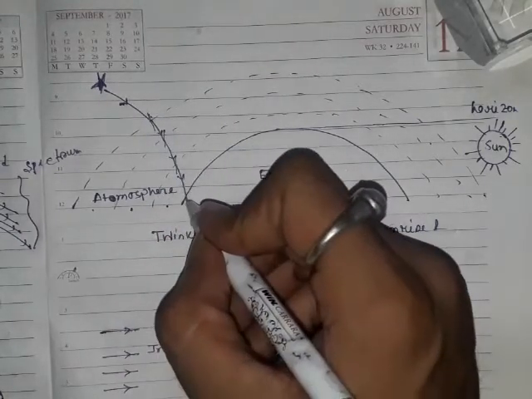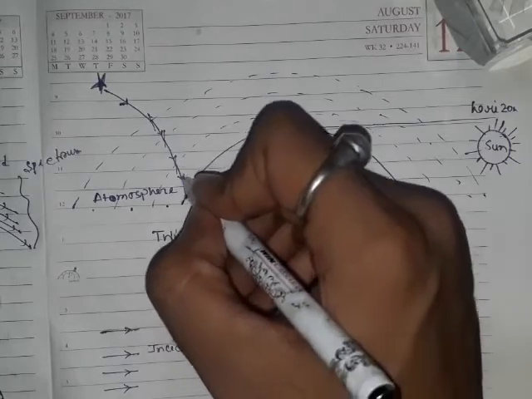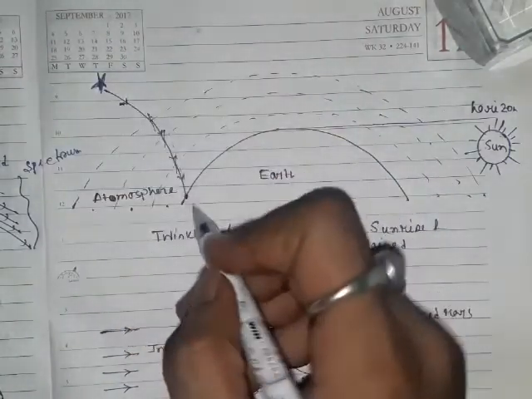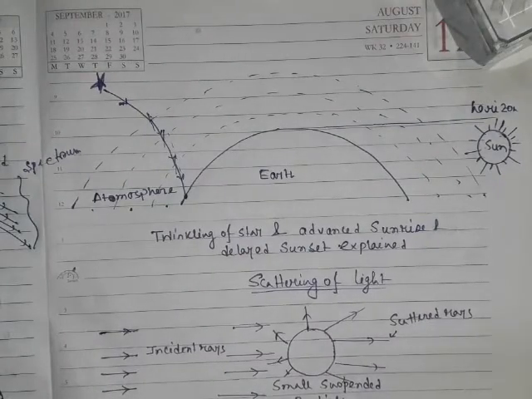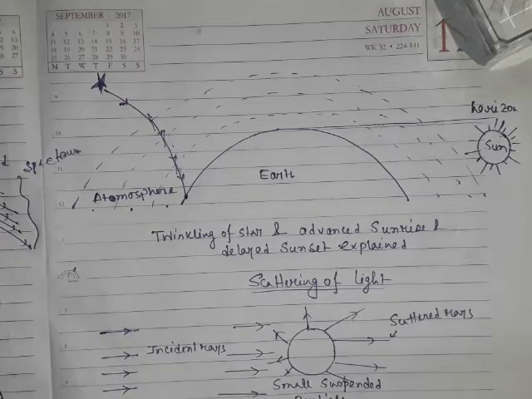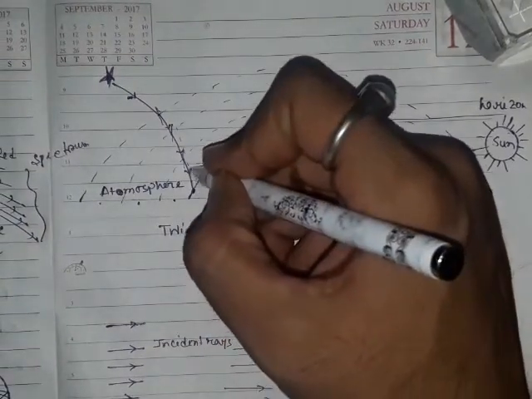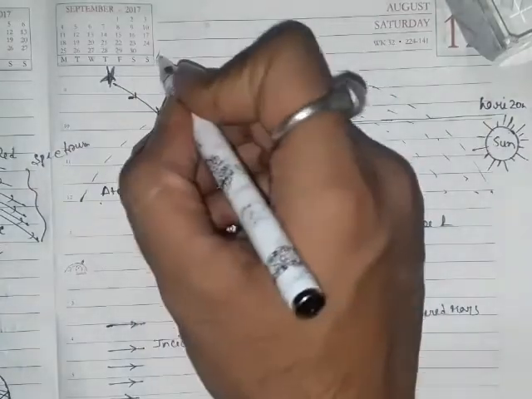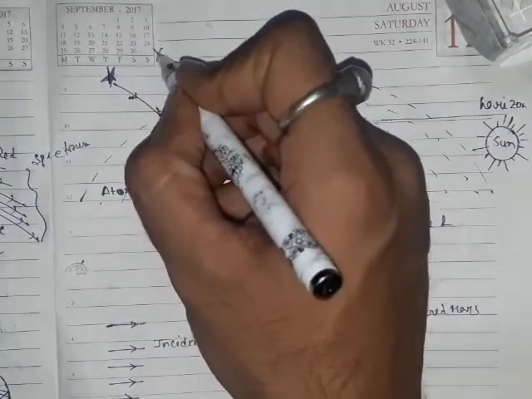When you are looking from here, you will not find this path. Our human eye has a limitation: it can't see any object in a curved path. It can always see anything only in a straight line. So you will see the star here.